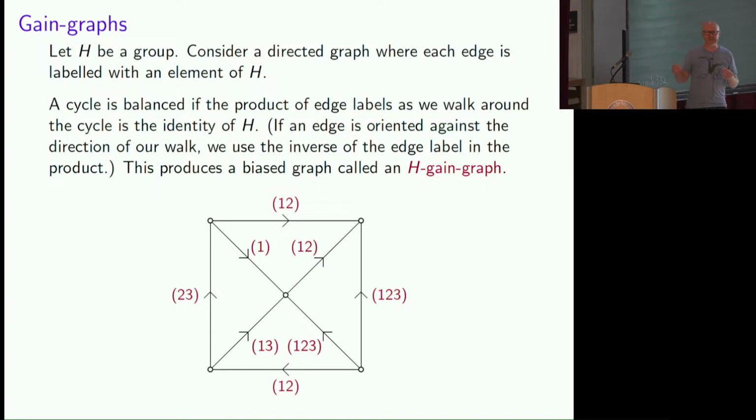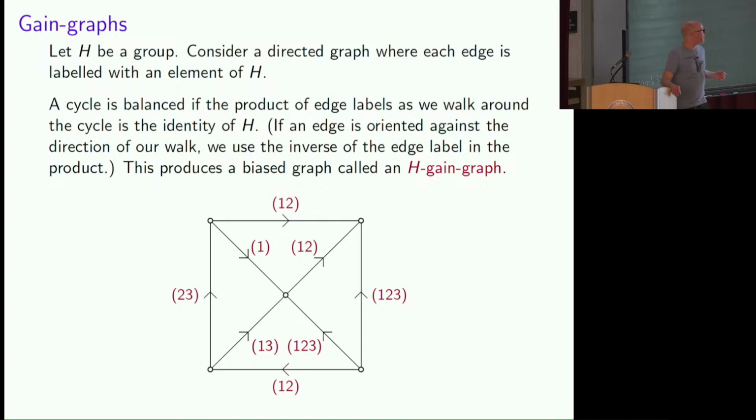So I take a cycle, and to find out whether I want it to be balanced or not, I walk around it and take the product of the edge labels as I go. I just remember that if the direction of the edge is going against my direction of travel around the cycle, I won't use that edge label in the product. I will use its inverse instead.